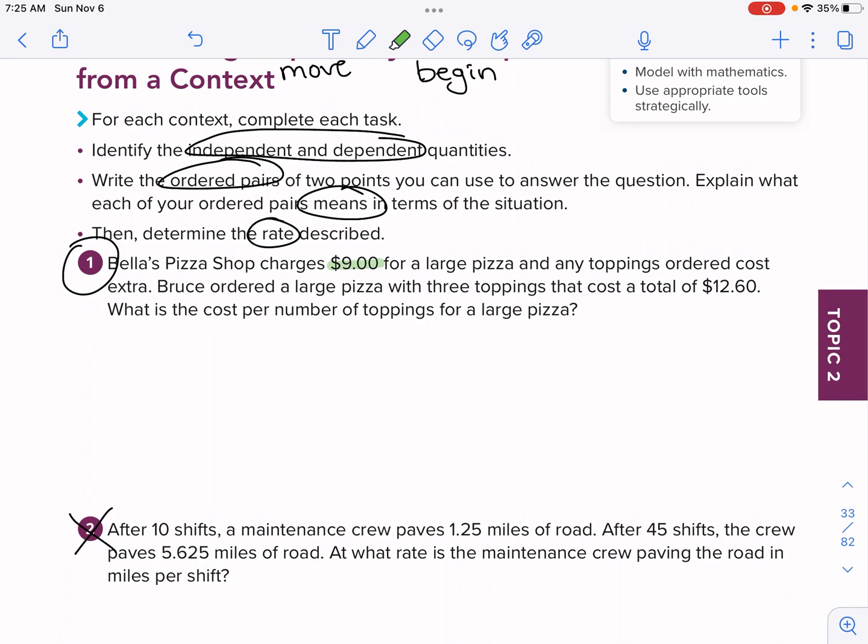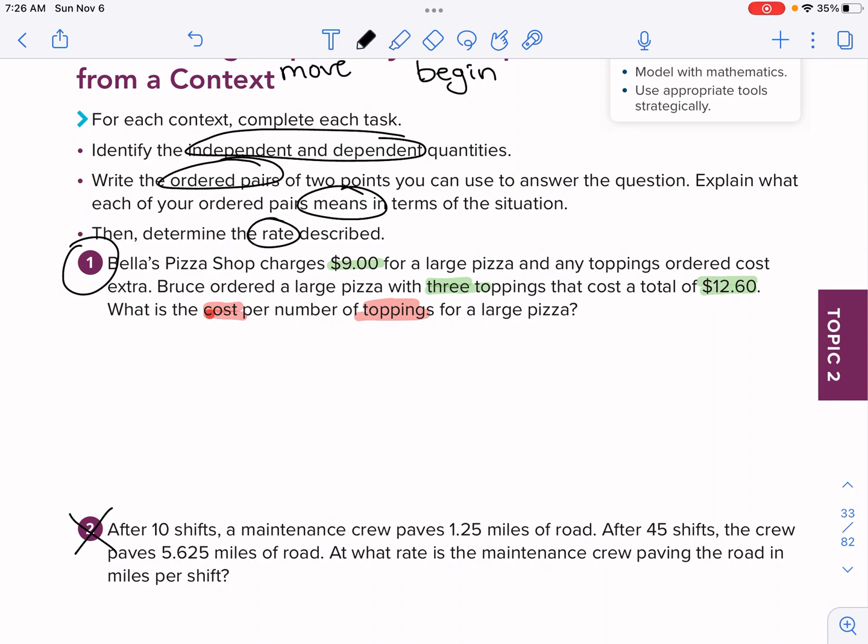And then we also have that we have 3 toppings, and those 3 toppings raise the price, right? It's now $12.60 versus $9. And we want to figure out the cost per number of toppings, which should just say cost per topping.